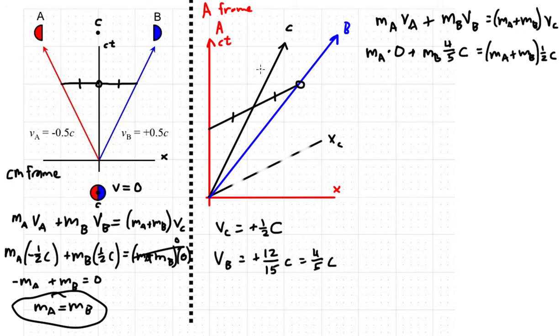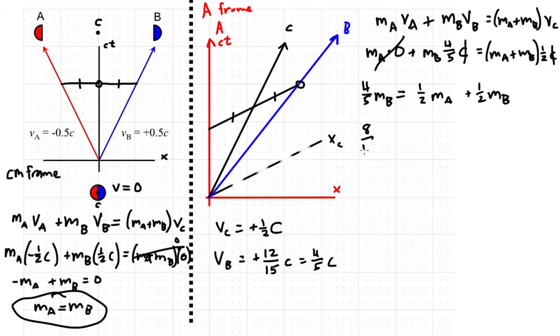So let's see what we can do with this. This term goes away, and I'm going to cancel out the C's. So what we get now is 4/5 MB equals 1/2 MA plus 1/2 MB. The common denominator between 5 and 2 is 10.